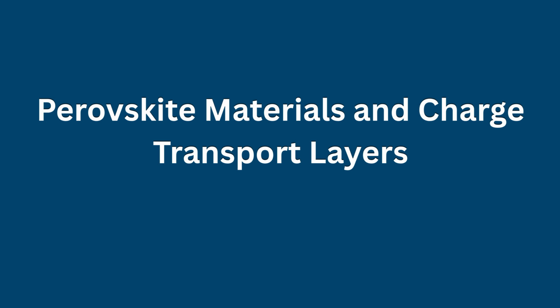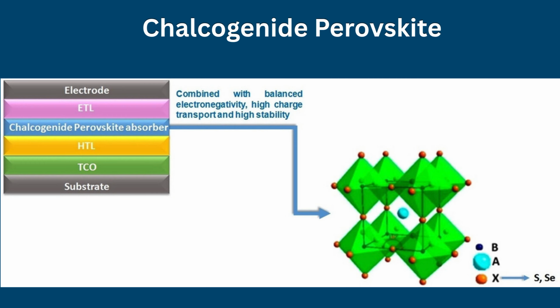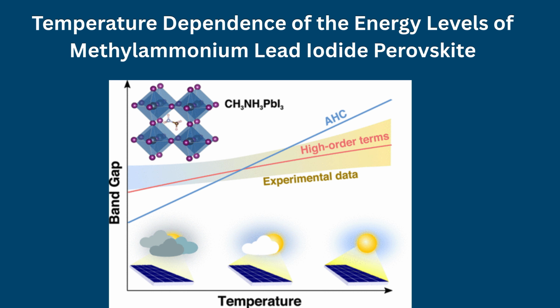Perovskite materials and charge transport layers. The performance of PSCs is intrinsically linked to the properties of the perovskite absorber and charge transport layers. Band gap engineering via compositional tuning, for example, halide mixing or cation substitution, enables optimization of light absorption and device efficiency. For example, methylammonium lead iodide remains a benchmark material with a band gap of approximately 1.55 electron volts.